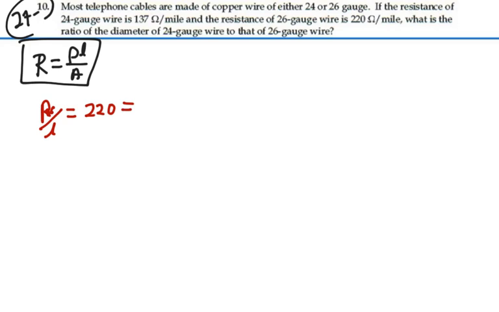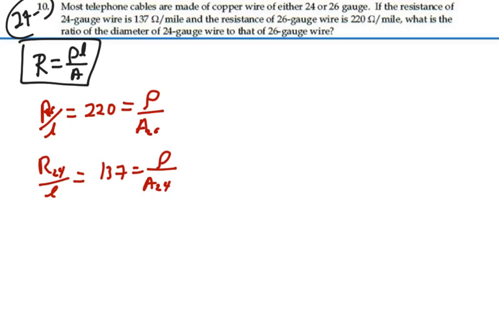So that should be equal to the resistivity of the material over the cross-sectional area of the 26 gauge wire. Also, we have the resistance of the 24 gauge wire per length, and that is equal to 137, and that should be equal to the resistivity of the copper over the cross-sectional area of the 24 gauge.